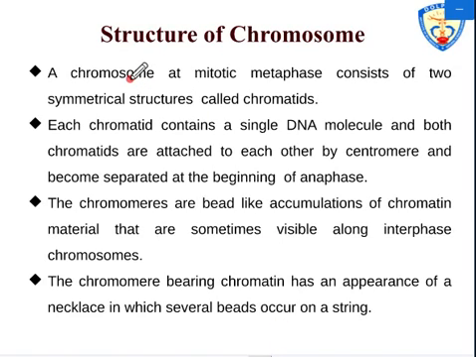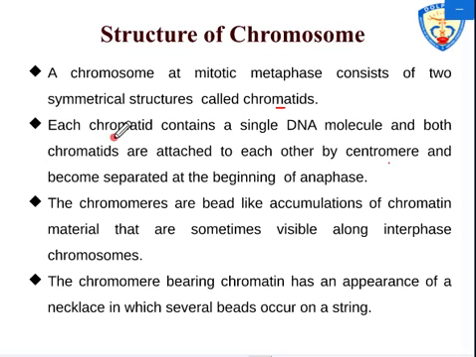A chromosome at the time of metaphase contains two symmetrical structures. Now remember, the DNA is already replicated during the S phase of interphase. So it's already present here as two symmetrical structures. Each structure is known as a chromatid. So there are two sister chromatids which are joined to each other only at the centromere, and they become separated at the beginning of anaphase.